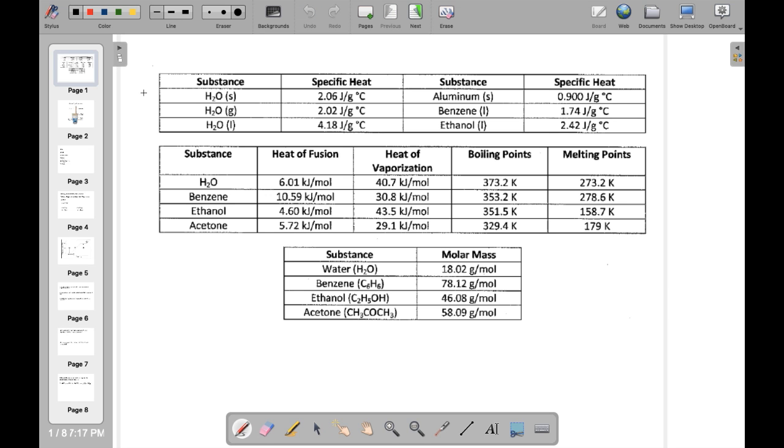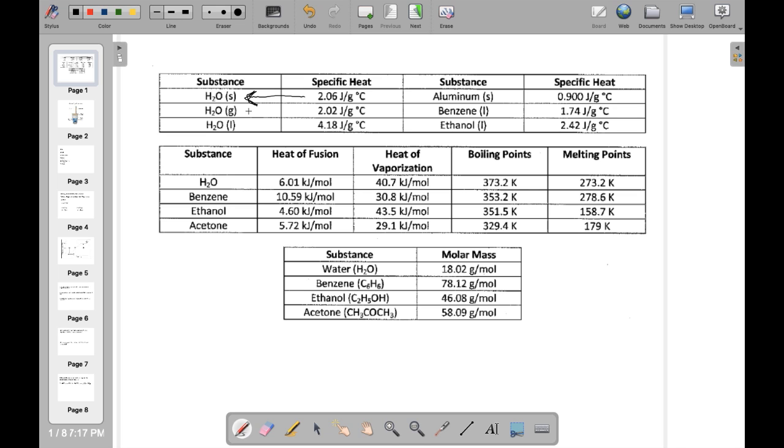Let's go ahead and look at this really fast. For instance, this table gives you the specific heat of water. Now, one thing to keep in mind is the specific heat of a substance depends on the phase of the substance. Notice this is solid. So the specific heat for ice is 2.06 joules per gram Celsius.